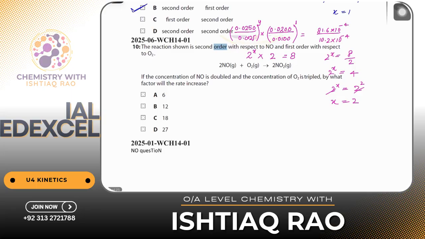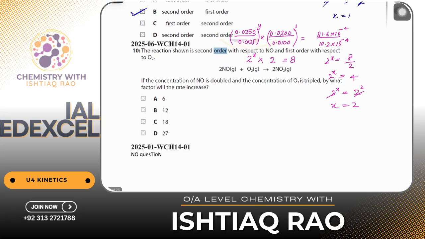Now they are saying the reaction shown is second order with respect to NO and first order with respect to O2. If the concentration of NO is doubled and the concentration of O2 is tripled, by what factor will the rate increase? Let me write down the rate equation first. As they have told us in the question, rate is equal to k into concentration of NO squared into concentration of O2, second order with respect to NO and first order with respect to O2.